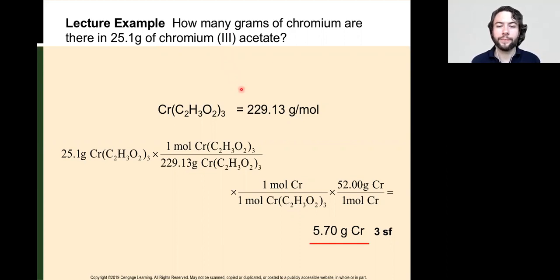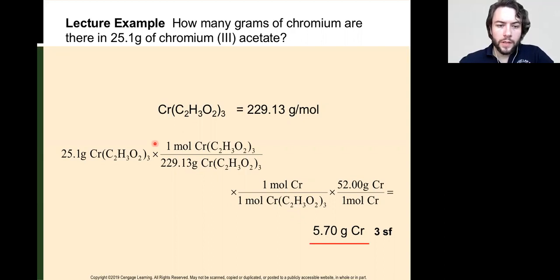All right. So chromium acetate has this formula. If we add together the atomic mass of chromium and carbons and hydrogens and oxygens, making sure we account for the fact that there are 3 acetates here, we would get 229.13 grams per mole. This is important because in order to determine the number of grams of chromium, we first need to determine how many moles of chromium acetate we have.